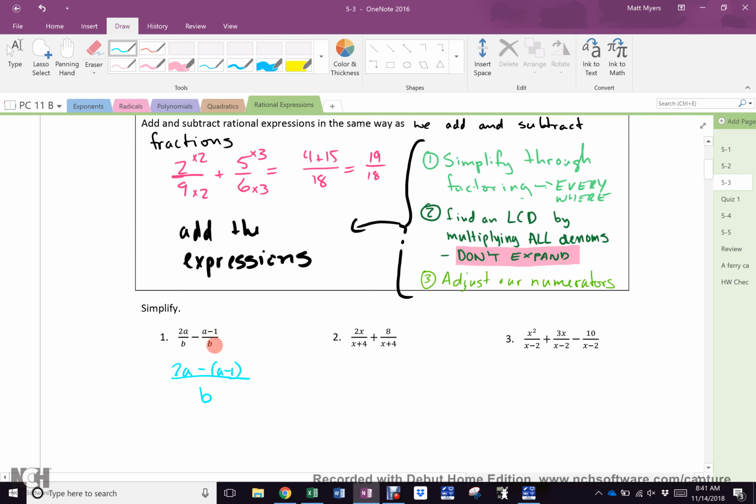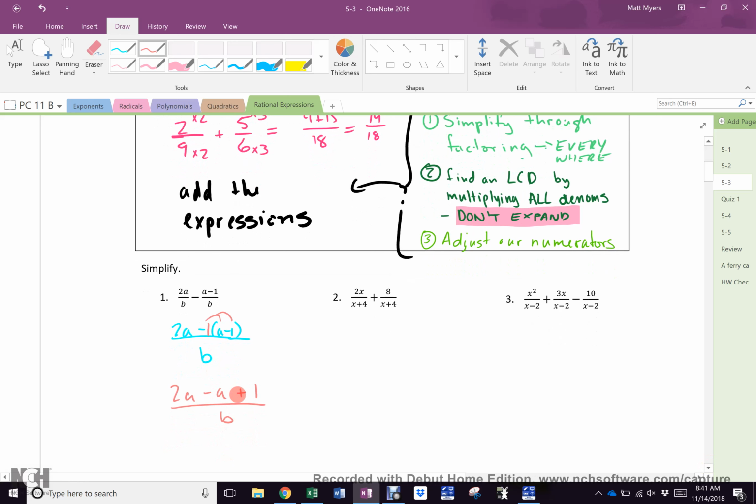So I have to subtract a minus 1, which means a negative in front is technically negative 1, yes? And that negative 1 technically distributes, yes? So what I really have is 2a minus a plus 1 over b. A bunch of you are going to make that mistake a bunch of times.